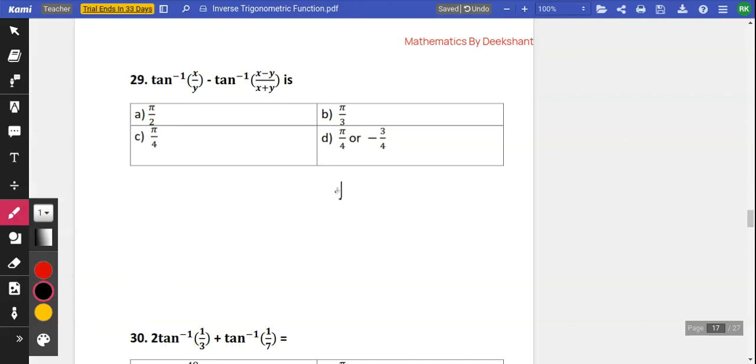Basically tan inverse x minus tan inverse y is equal to tan inverse of x minus y upon 1 plus xy. Now first I try to solve this term.